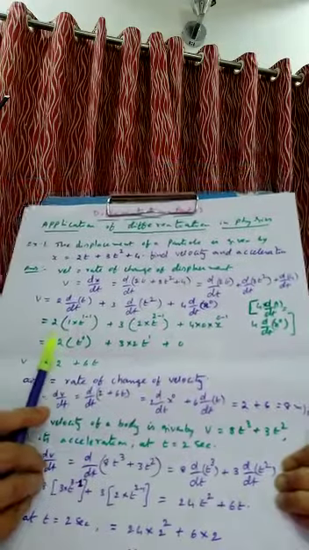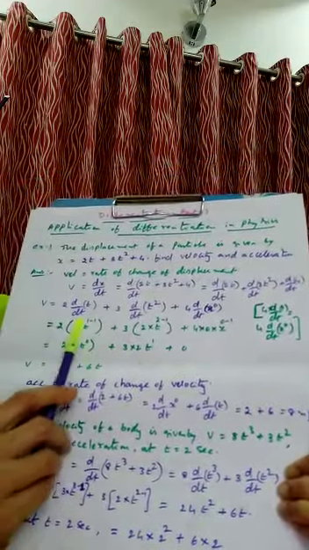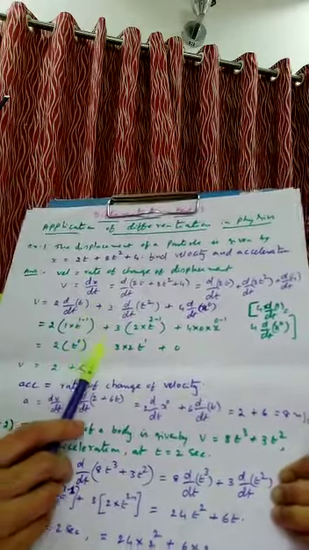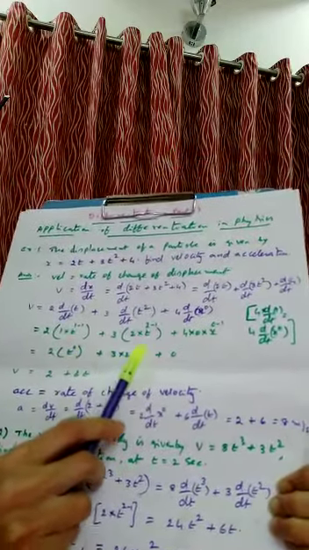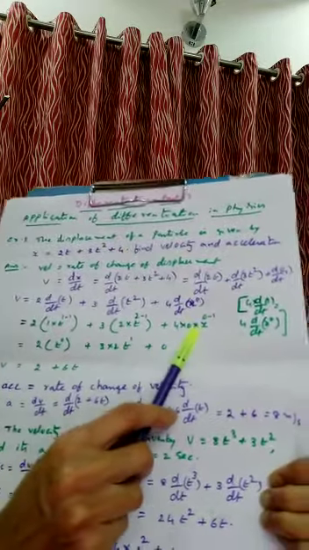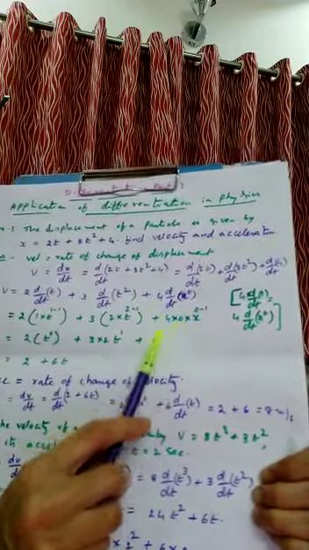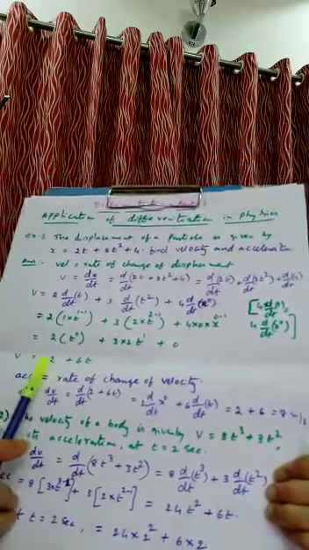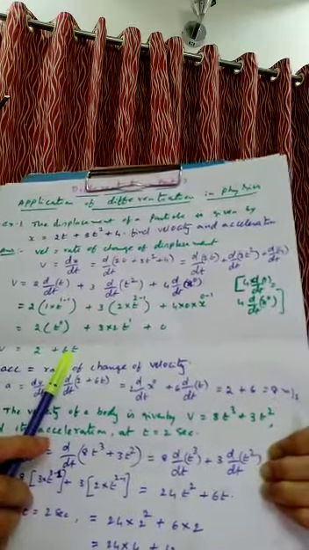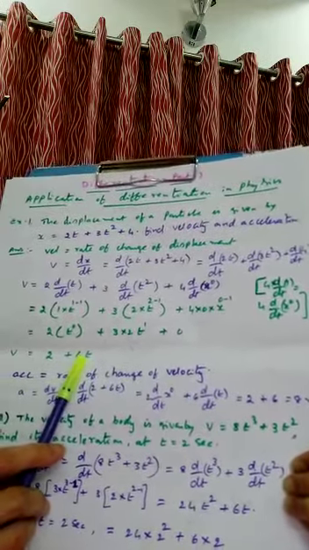So what is the value? 2 into t raised to 0, plus 3 into 2 into t raised to 1, plus 0, because if you differentiate a constant term, the answer will be 0. So the answer is 2 plus 6t, which is the velocity of the particle.